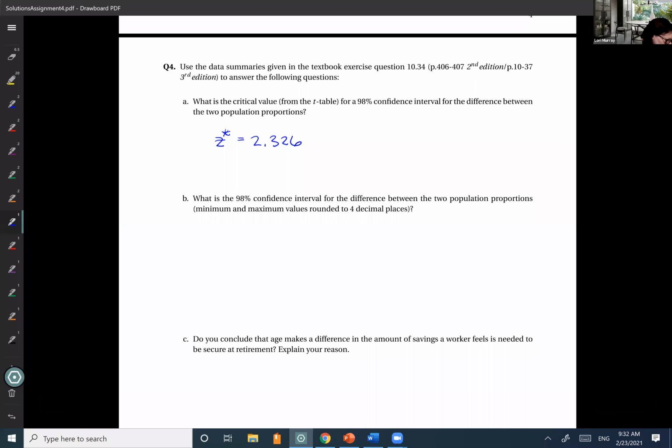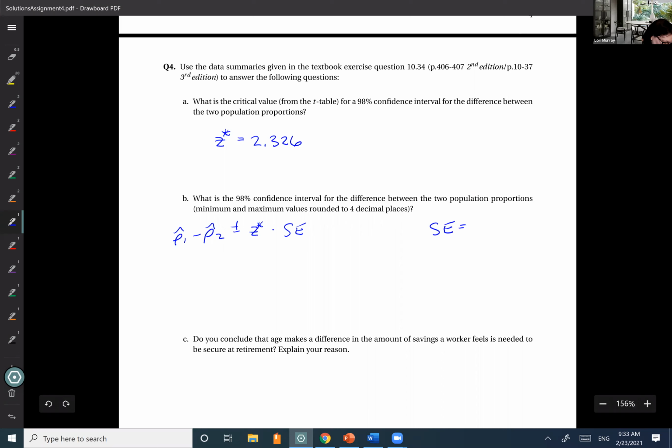So it's going to be p hat 1 subtract p hat 2 plus or minus the Z star, right? Z goes in there. You don't have to put a star with it, but just to show that it's going to be that value times the standard error. Now, I always do the standard error, SE, separate.